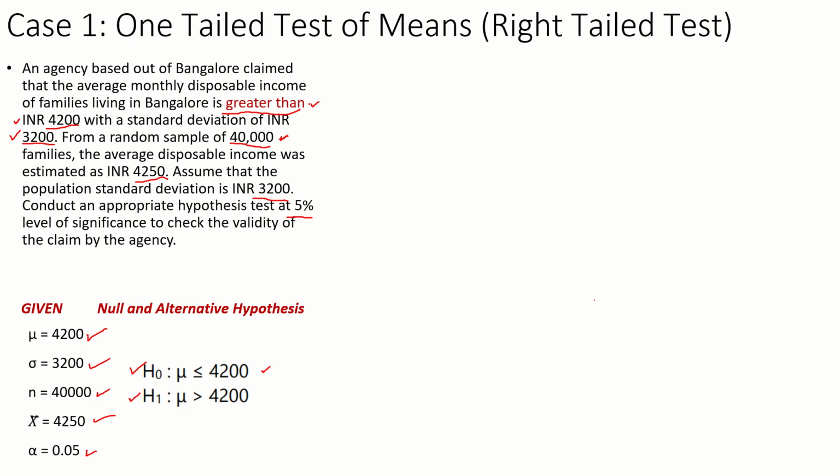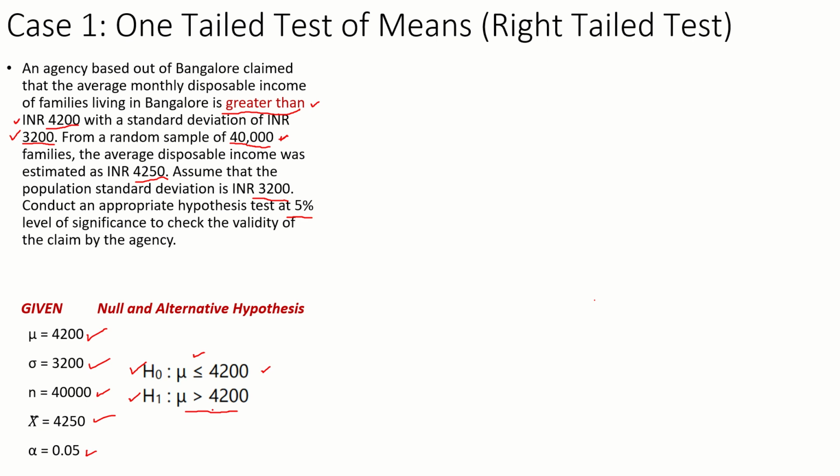Let us recall our past lessons on hypothesis testing. We discussed that when the alternative hypothesis questions one existing theory, the existing theory is always against the claim. Therefore the existing theory is less than or equal to, and here the claim is mu greater than 4,200.